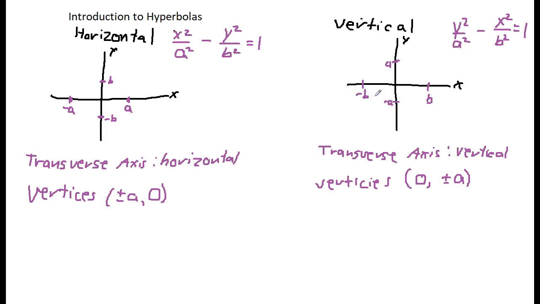Now, you have on hyperbolas asymptotes. The asymptotes are this.